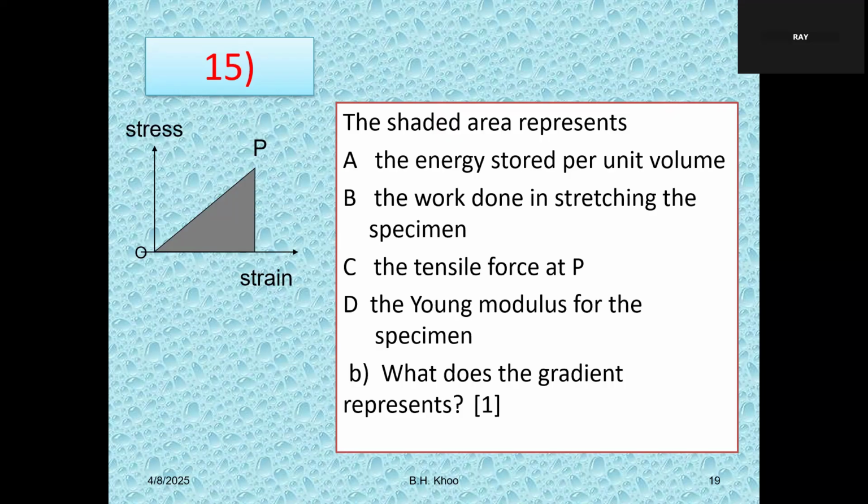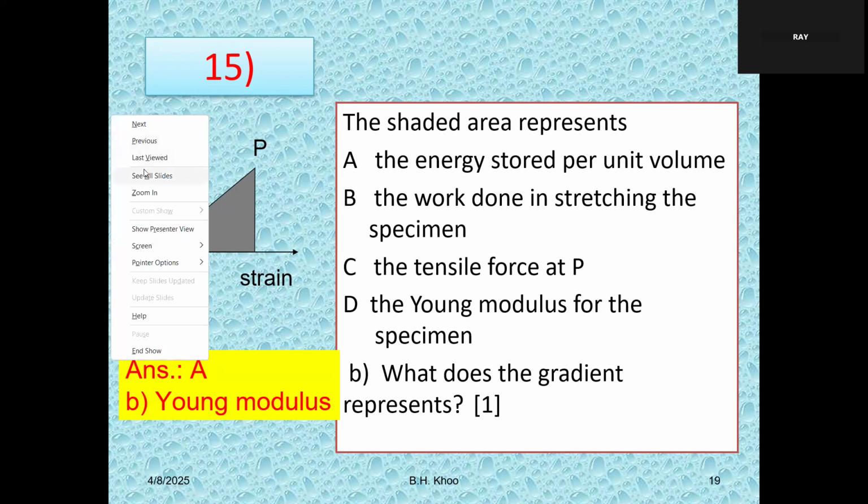B. No, A. Work done per unit volume. What does the gradient represent? Gradient represents Young modulus. So what's the work done again? I forgot. Work done is force against extension graph.